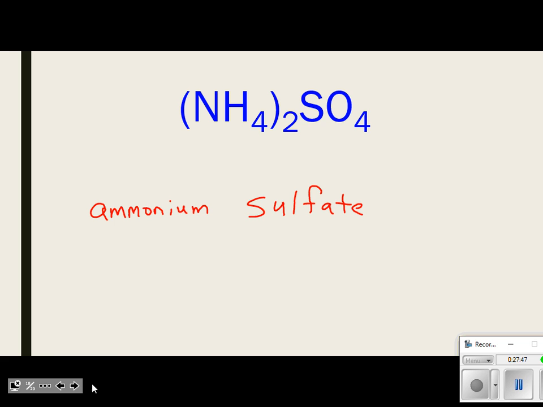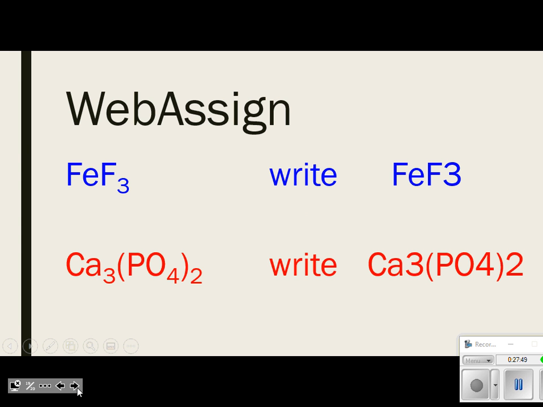Now, my next slide here is some WebAssign things. All right, and go ahead and write these down in your notes. That way, when you come up to me and complain because they counted you wrong, because you wrote it wrong, I can say, we wrote this down on our notes. We already talked about that.